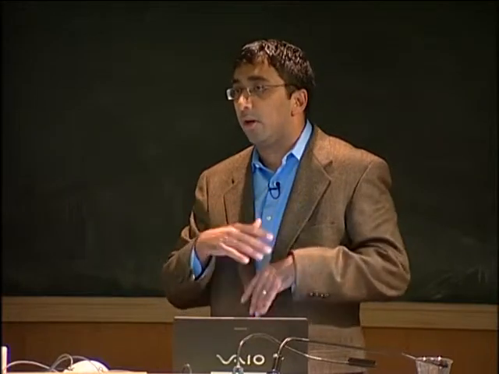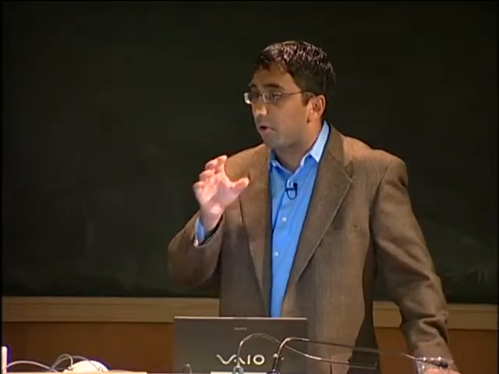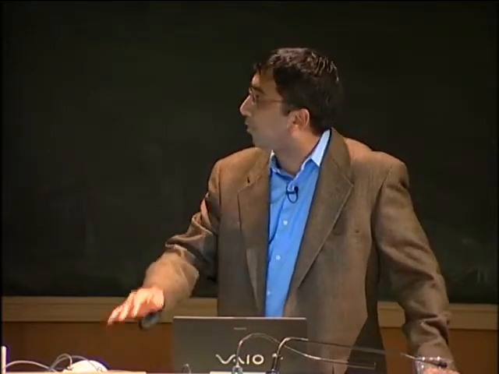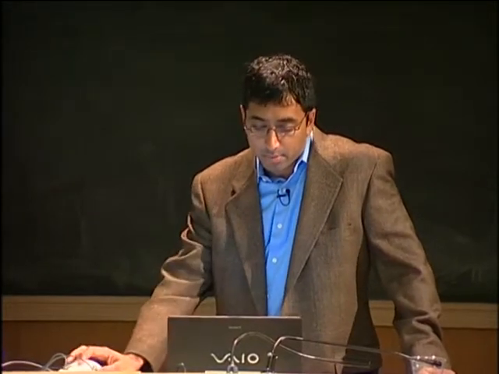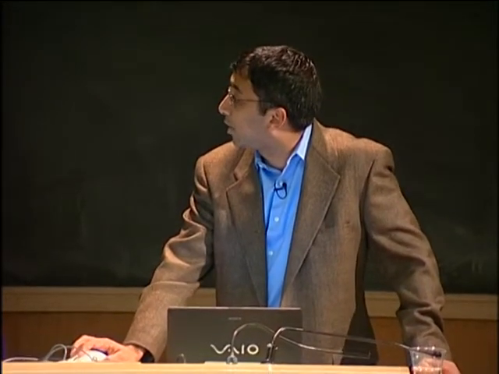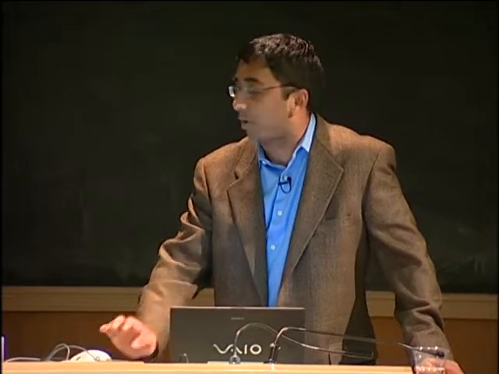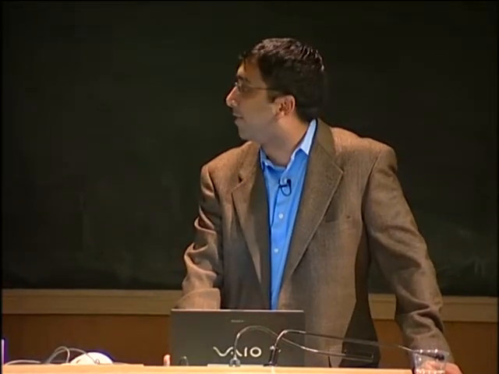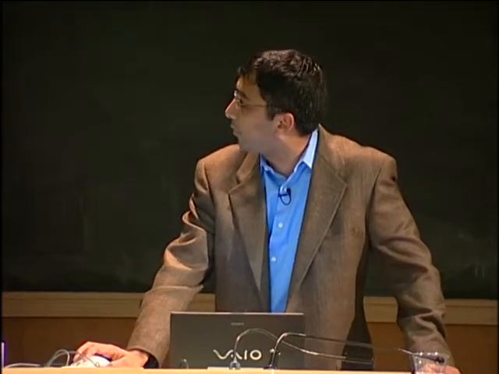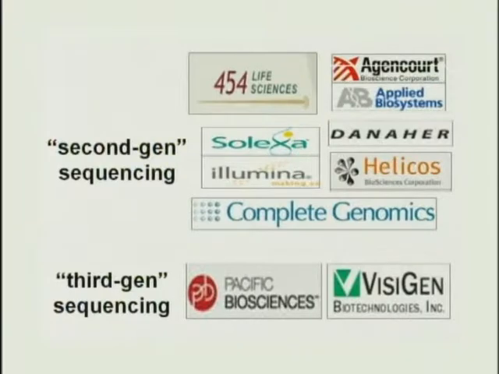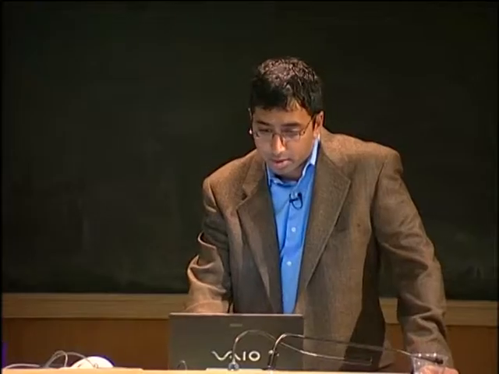But they're all basically employing the same approach of trying to sequence millions of independent features on a 2-dimensional array in parallel. There are also a few companies that are pursuing approaches that are far more out of the box or out of left field than the ones up here, and these include Pacific Biosciences and Visigen. I'd put those in a category of so-called third-generation sequencing, but they're not yet commercially available instruments.